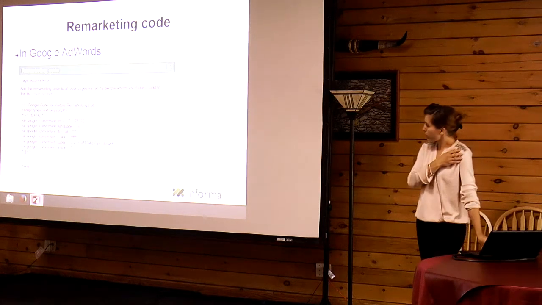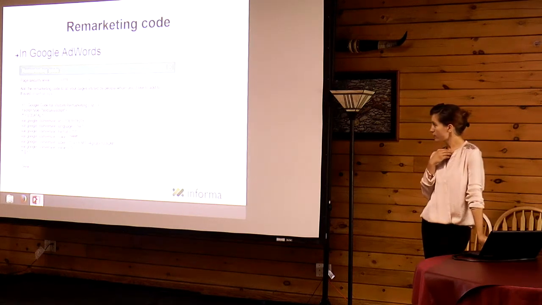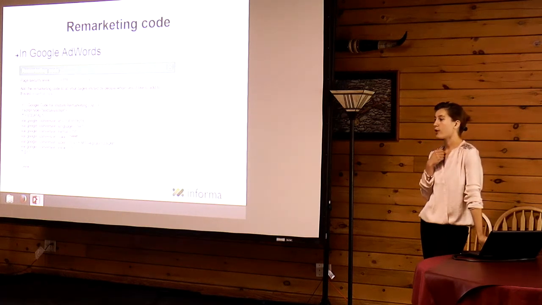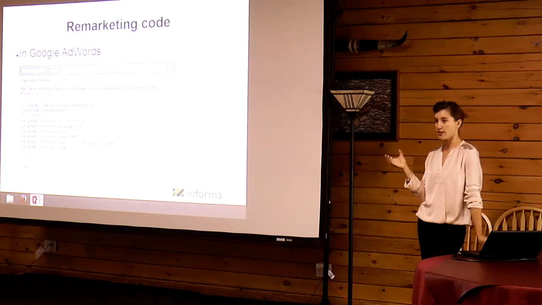This is an example of remarketing code created in Google AdWords. I think there were some changes made this year, because before you had to create an individual code for every page you wanted included in the remarketing campaign, but now it's just one single tag, and you can then create remarketing lists with that code.